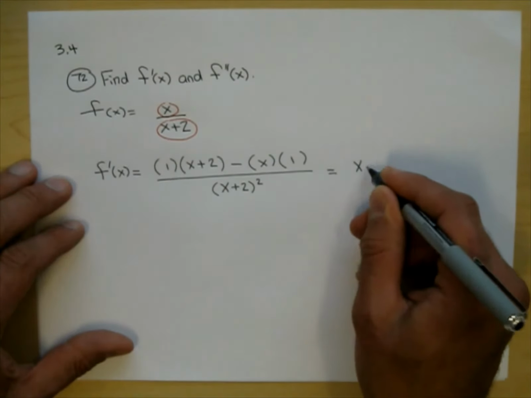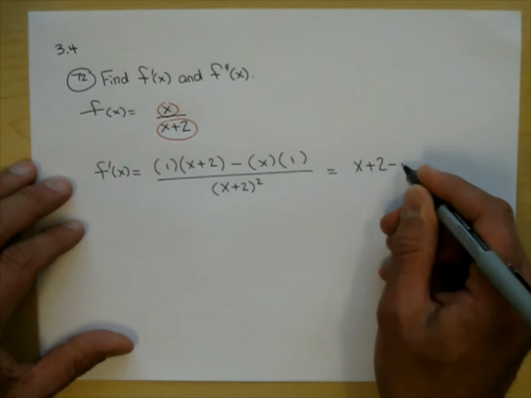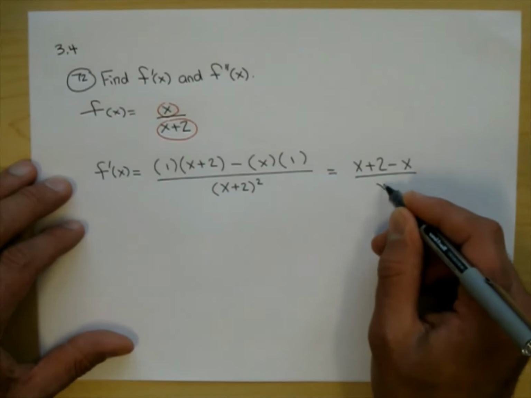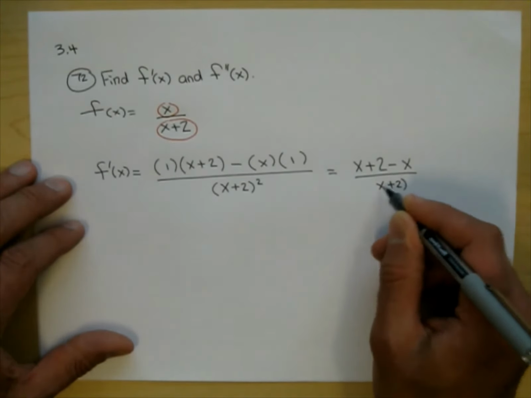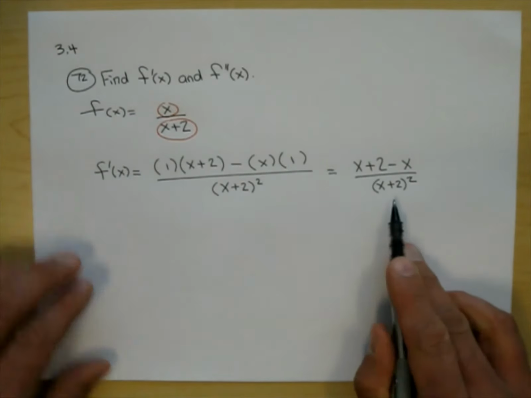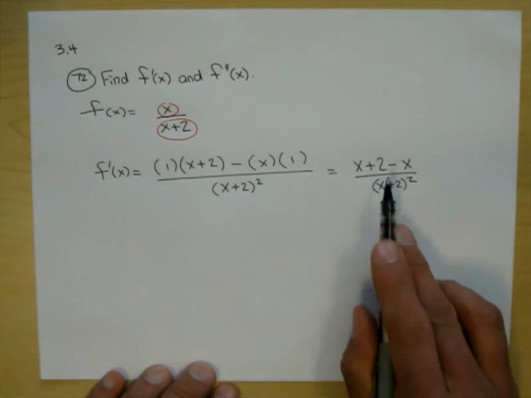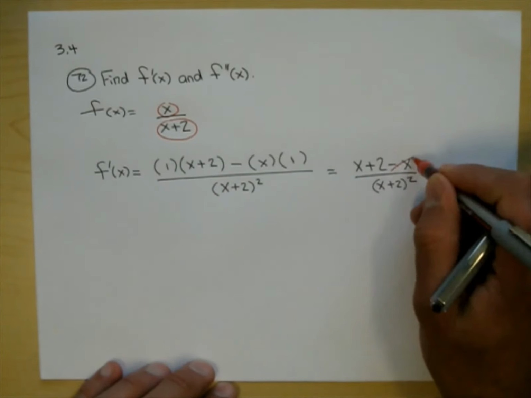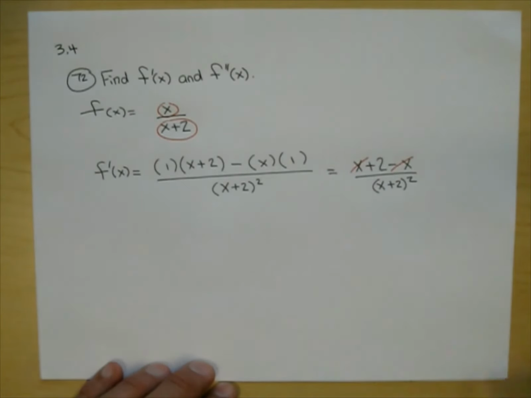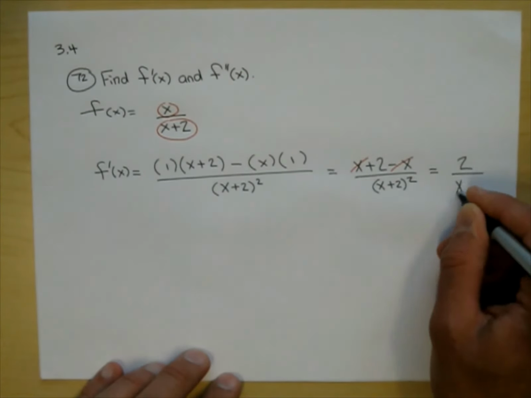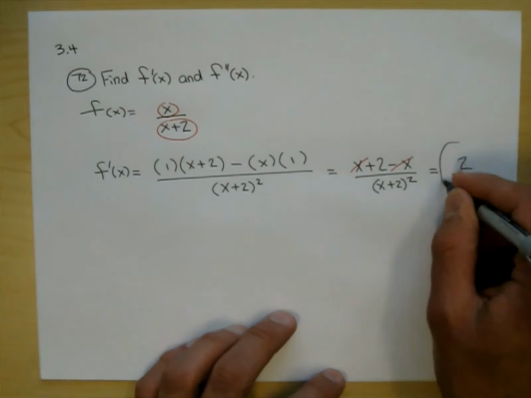I have x plus 2 minus x. Okay, this is all over the bottom. Now you can't cancel this x plus 2. You can't cancel one of those with that because there's 3 terms there. And in fact, on the top, you can see that those go away. And so your answer is 2 over x plus 2 squared.